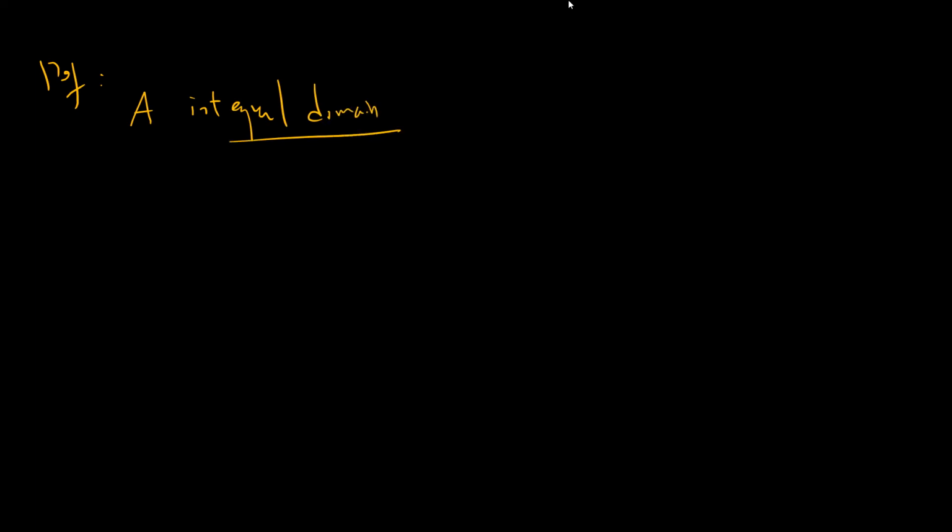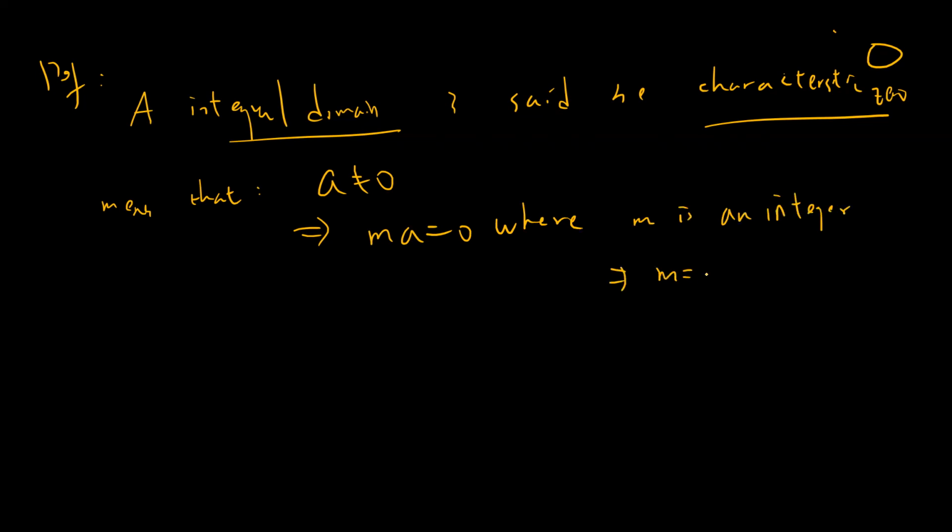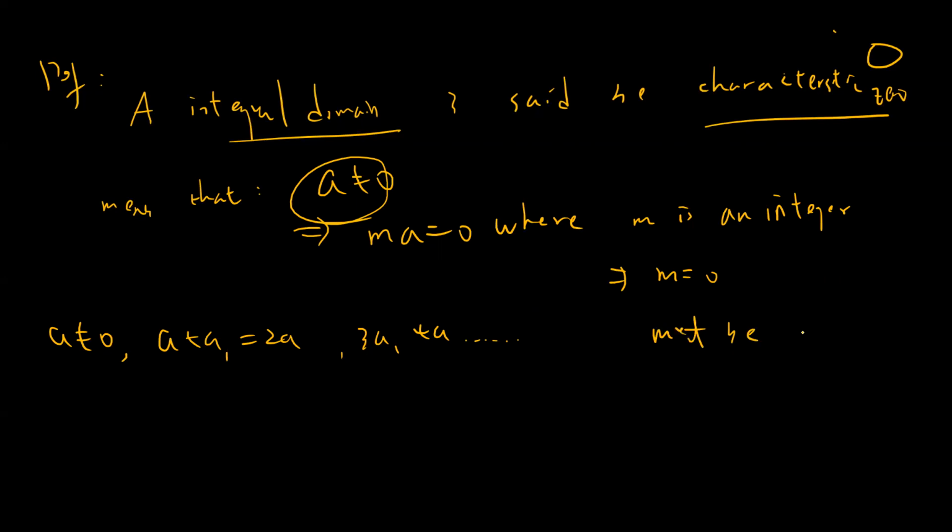Given an integral domain, we say it has characteristic 0 if, taking a non-zero element a belonging to that integral domain A, ma equals 0 where m is an integer only when m is 0. What it means is that if you take a non-zero element a and compute a plus a, 2a, 3a, 4a, and keep going up to infinity, all of them must be non-zero. This is called characteristic 0.